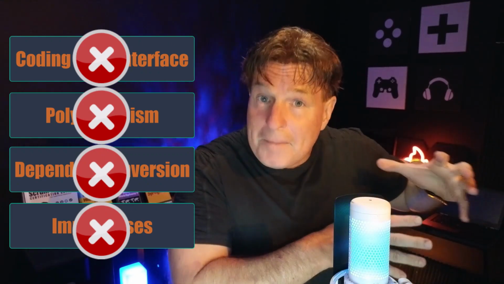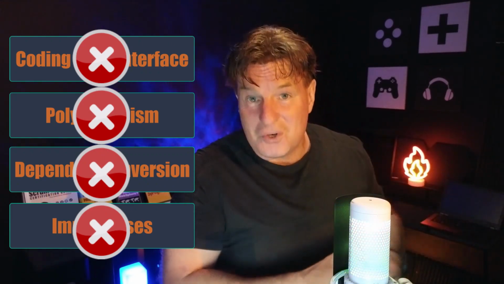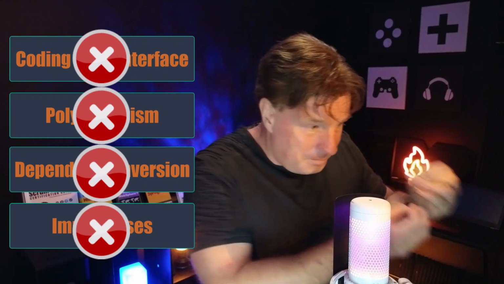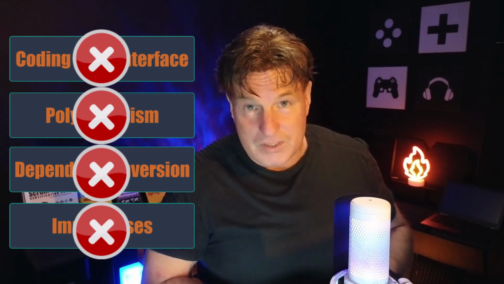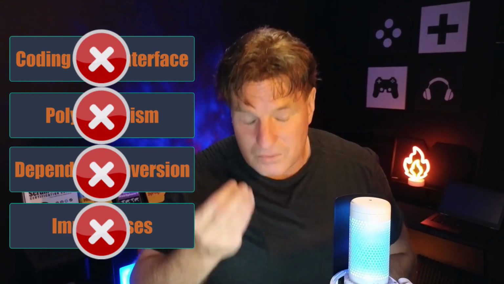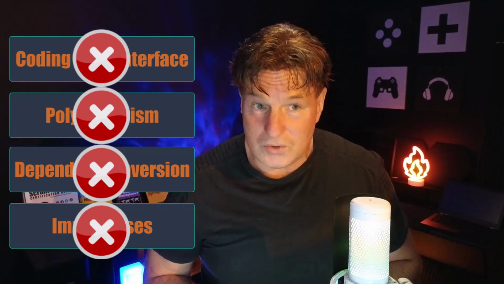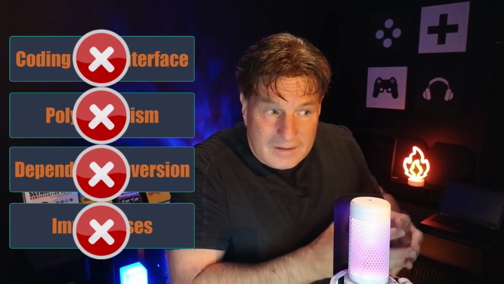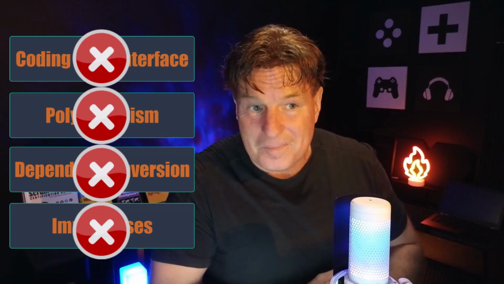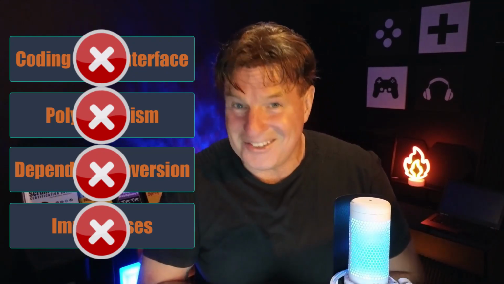All of those things are made better by inversion of control and dependency injection. But the dependency injection principle doesn't depend on them. And really, if somebody tries to explain inversion of control to you and they can't do it without talking about those things, well, really, they don't understand what inversion of control is. And I'm really hoping that I've helped you understand the concept with these 5 examples.